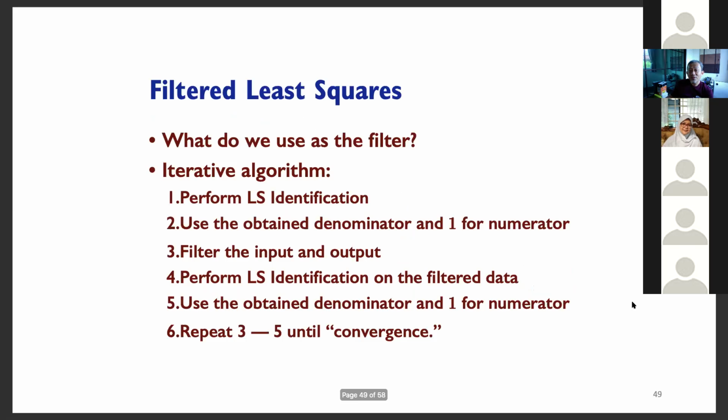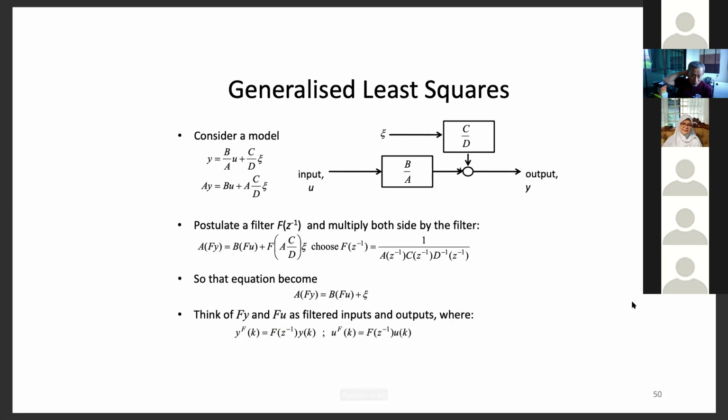So what we use is an iterative algorithm. Perform a least square identification, use the obtained denominator and 1 for numerator, filter the input and output, perform the least square identification on the filtered data, use the denominator and 1 for numerator, and repeat steps 3 to 5 until convergence. So the theory is like this.